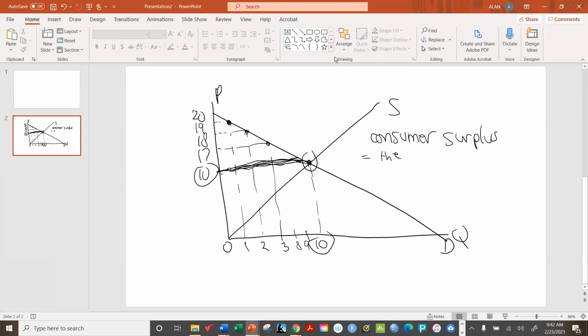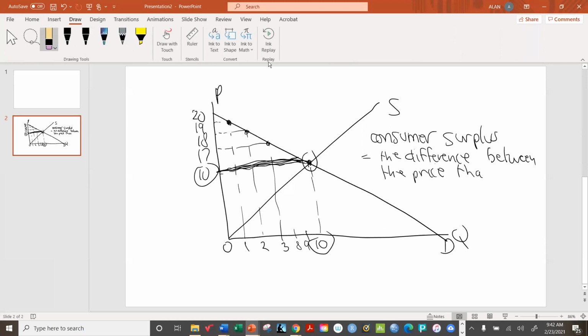The difference between the price that a consumer is willing to pay for a good and the market price.